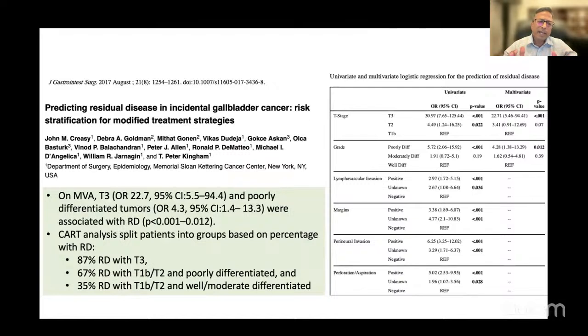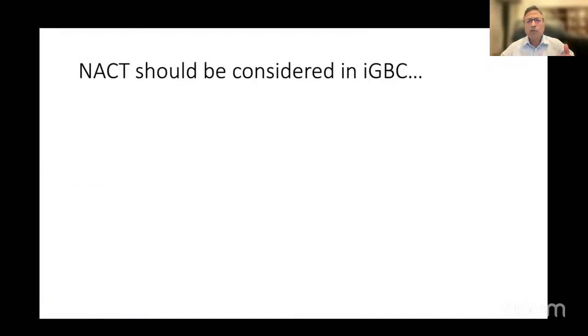And they did a CART analysis, which is classification and regression tree analysis, wherein you split the groups and look in a binary fashion at whether it predicts the outcome, which is residual disease. So with T3, there is a very high likelihood of residual disease. With poorly differentiated disease, irrespective of T stage, it's about 2/3. And if it's T1B or T2 with well and moderately differentiated tumors, the incidence is 35%, 1/3. So this gives you some idea of what it should be.